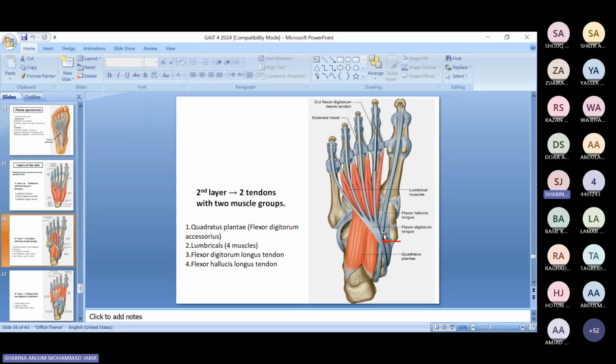Also this is the flexor hallucis longus, present in the second layer. Then this muscle you can call quadratus plantae or flexor digitorum accessorius. So this and the lumbricals are the two small muscles, and the digitorum and hallucis are the two long tendons.